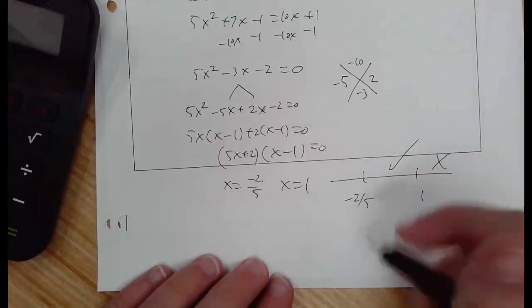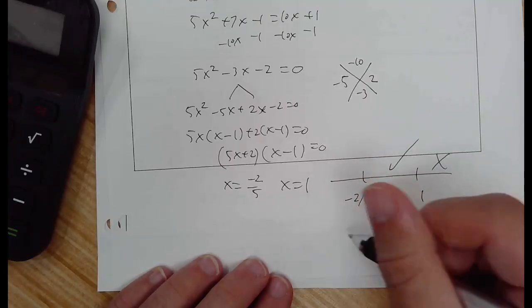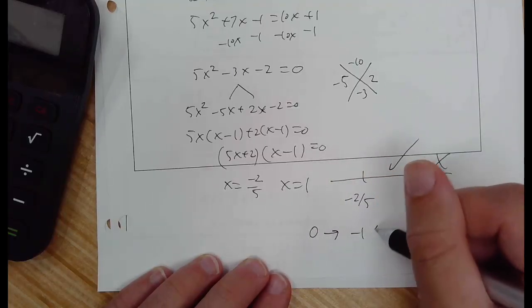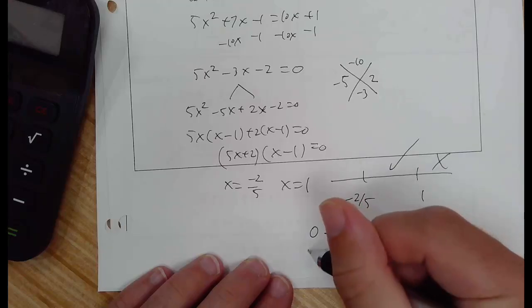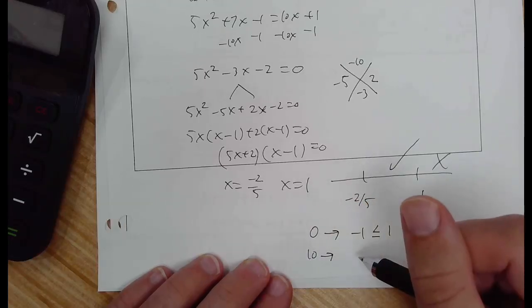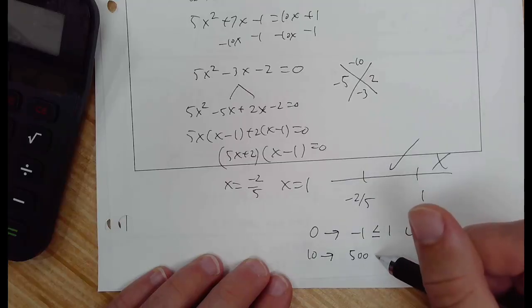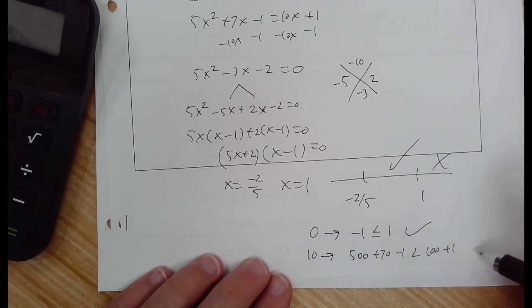Let me be better about this and really write it out. If I plug in a 0, that would get me negative 1 is less than or equal to 1, which is true. If I plugged in a 10, I would get 500 plus 70 minus 1 is less than or equal to 100 plus 1. That's false.